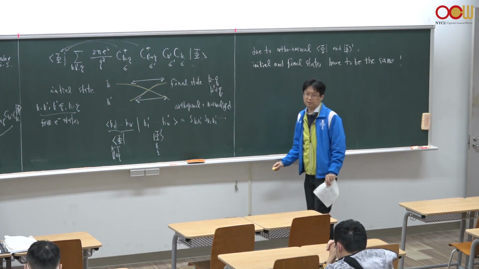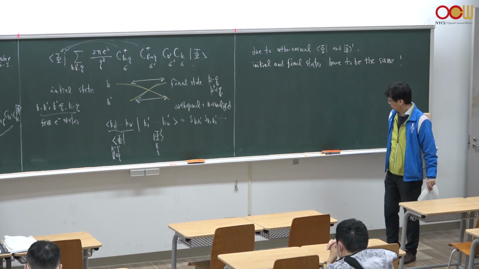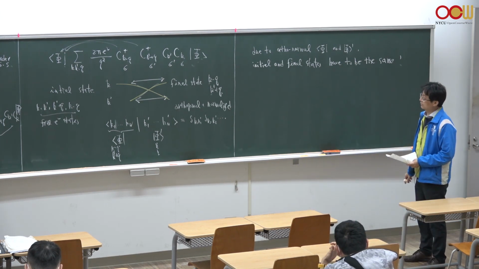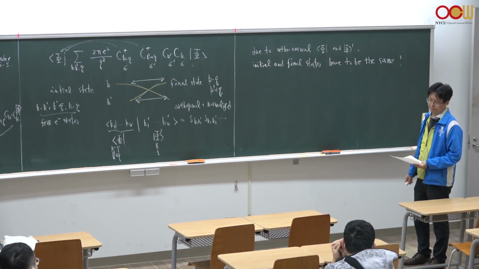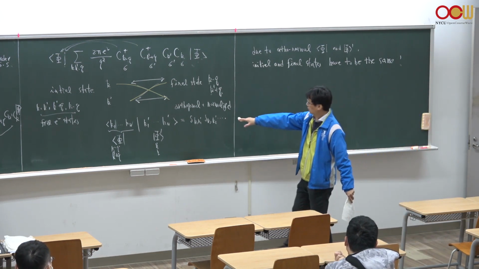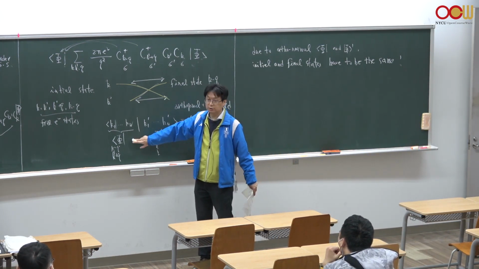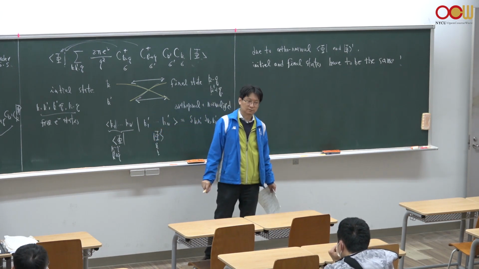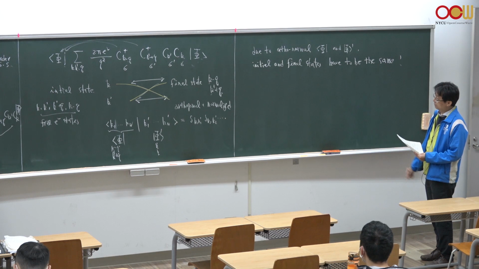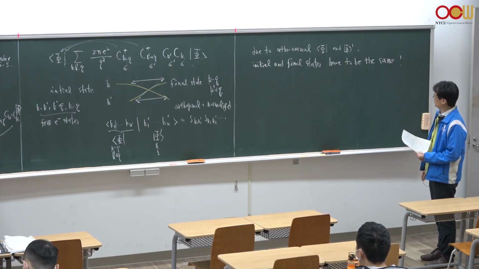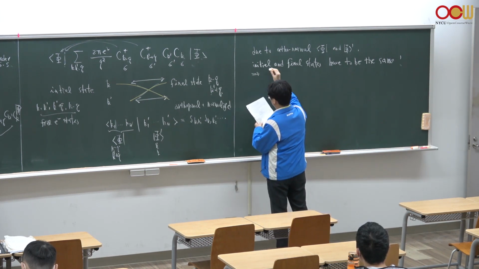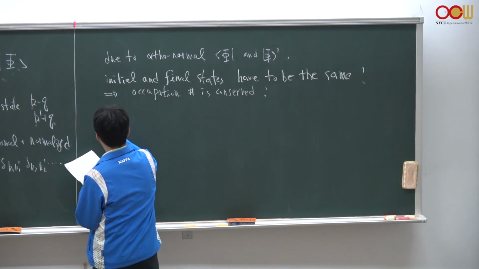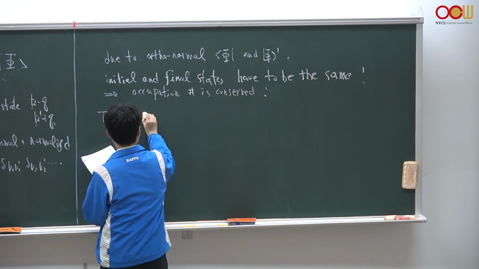So there are only 2 possibilities that remain to contribute to this matrix element, but other possibilities would vanish because of the orthonormal properties of this non-perturbed ground state wave function. You could more rigorously prove this statement that initial and final states have to be the same. There are only 2 possibilities, and this is because the occupation number is conserved.